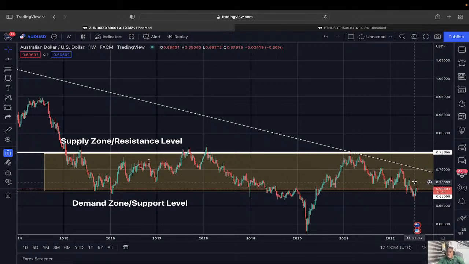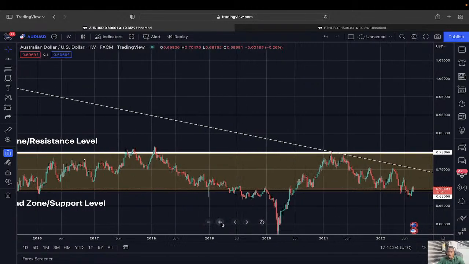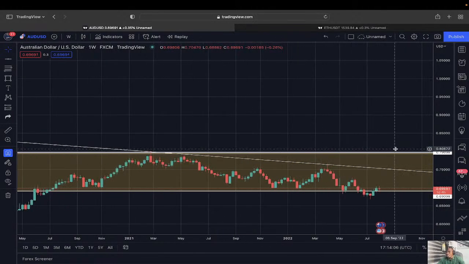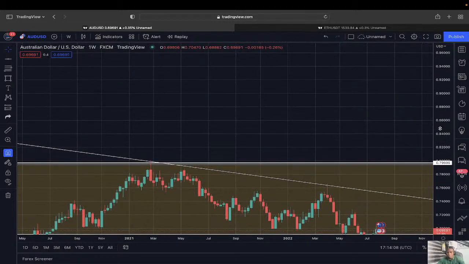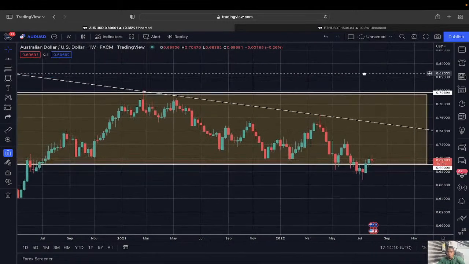Now, when you see what price had done at this level, you see that price had been ranging at this level. Now, let's take a closer look at what price is currently doing here. If you look at this, price had been forming a higher low, a higher low, a higher low, a higher low.